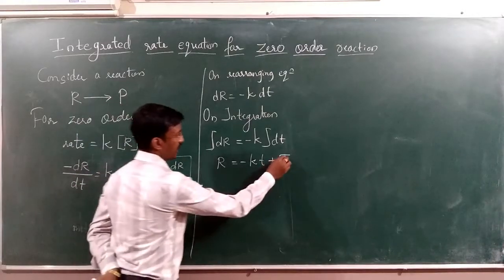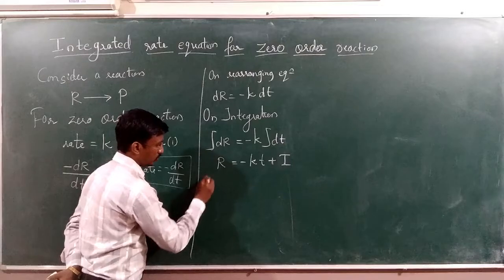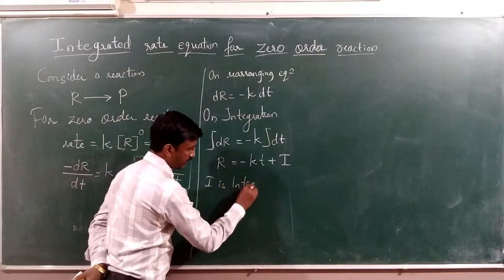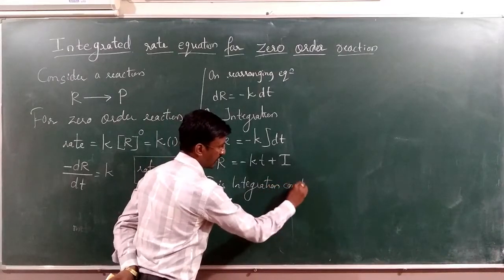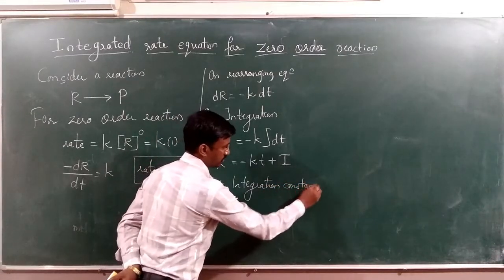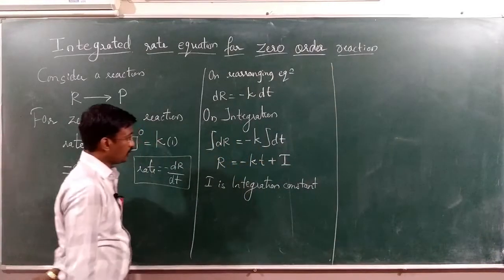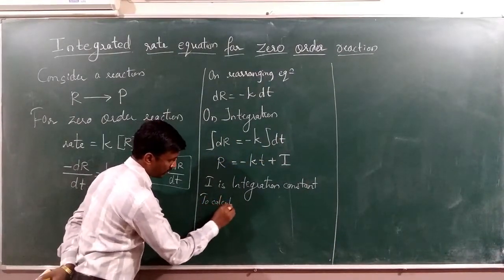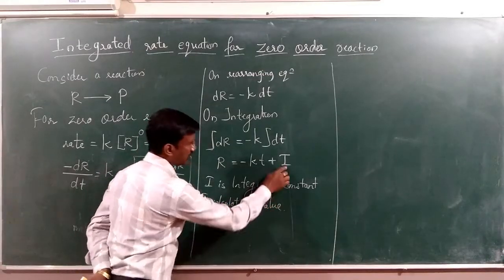Why am I writing I here? Because we are doing the integration, the integration constant is written as I. Now we are going to calculate the I value.